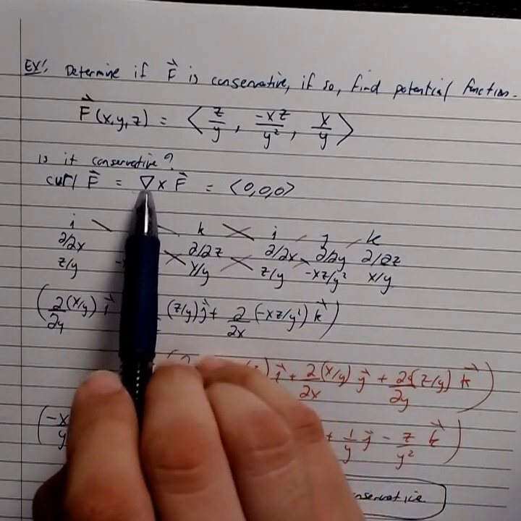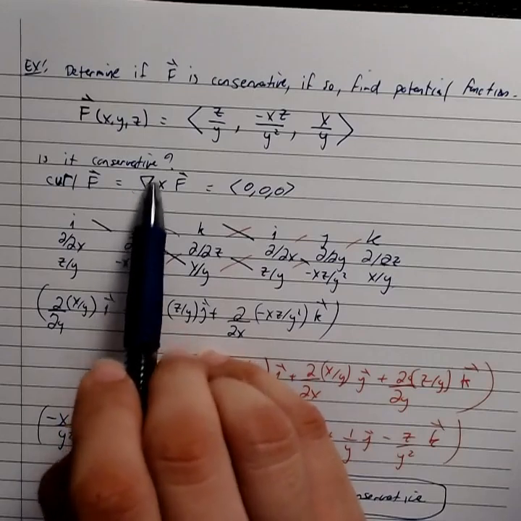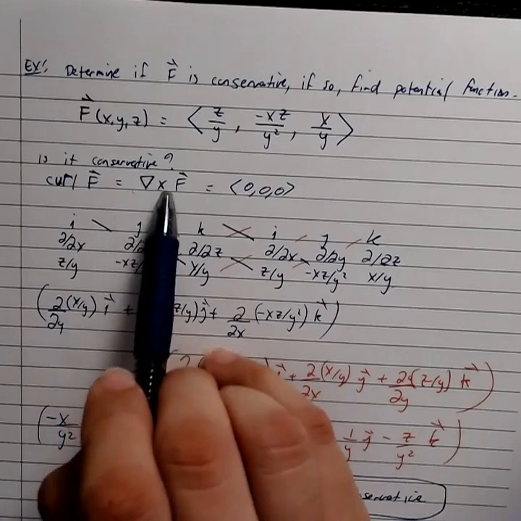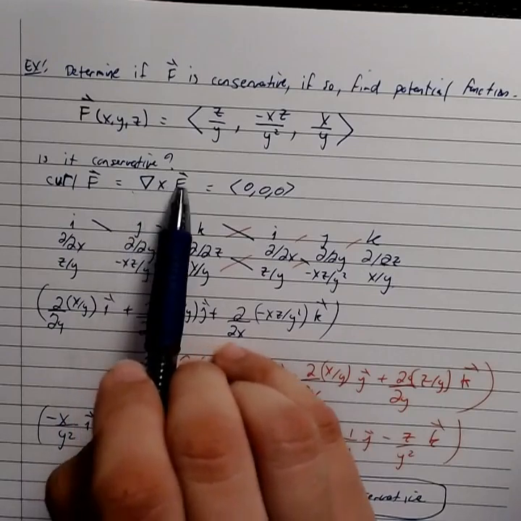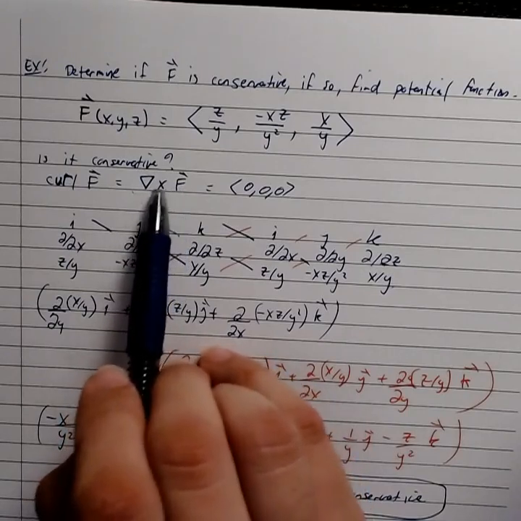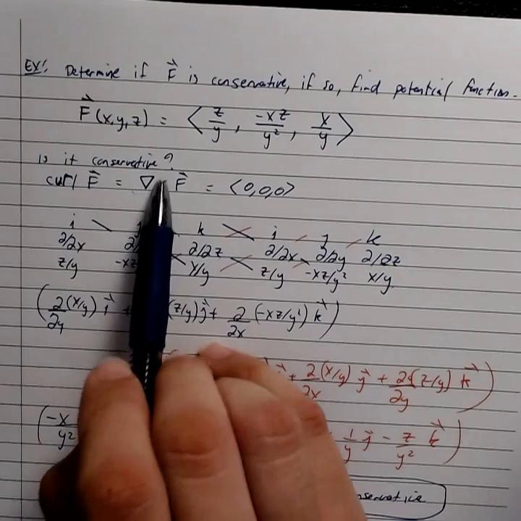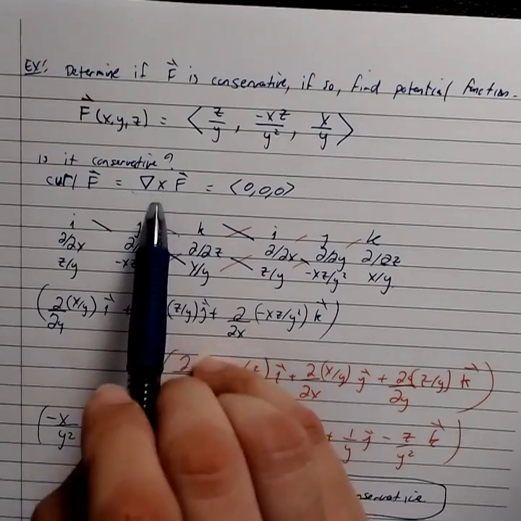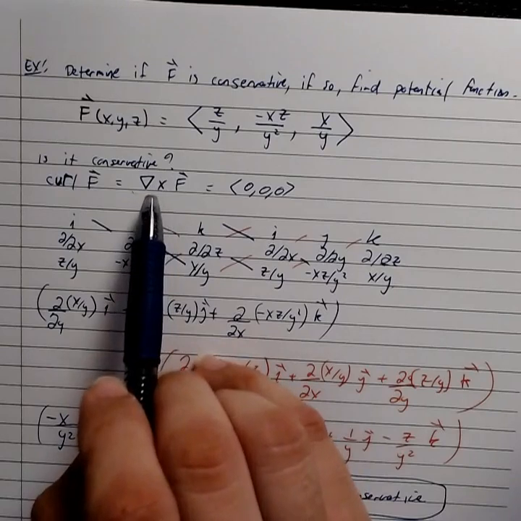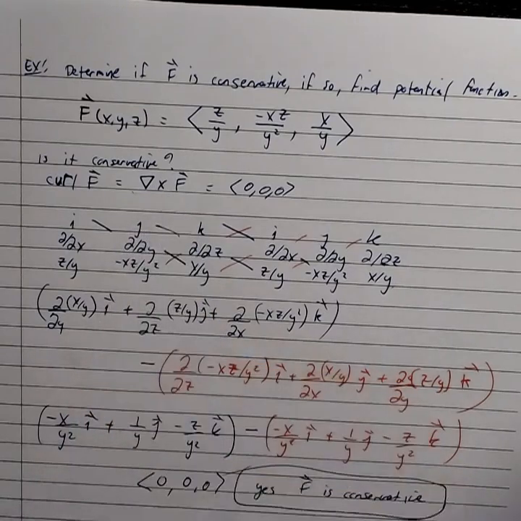Well, if I'm considering this a vector, I could cross it with this, but there's another type of multiplication for vectors. What if I were to dot it with this? What if instead of a cross product, this was a dot product? Is that meaningful? Is that useful? Is there any reason to have that? It turns out yes. For this section, we're simply going to define it, and in later sections, we'll see it used. But this is called the divergence of f.